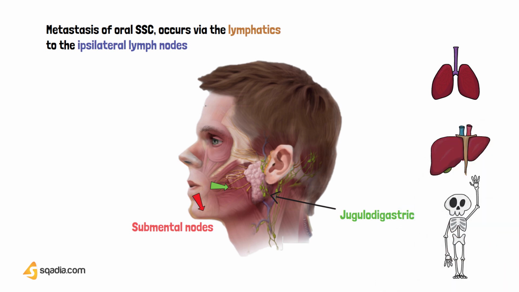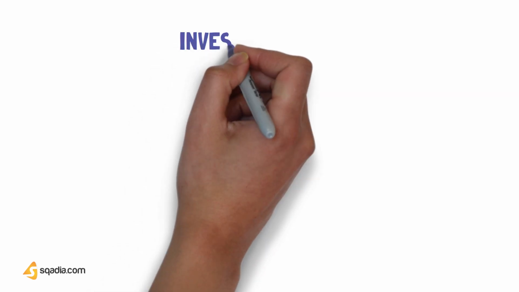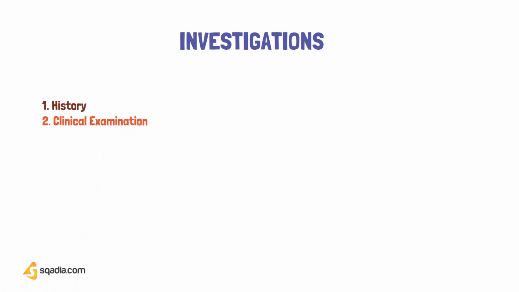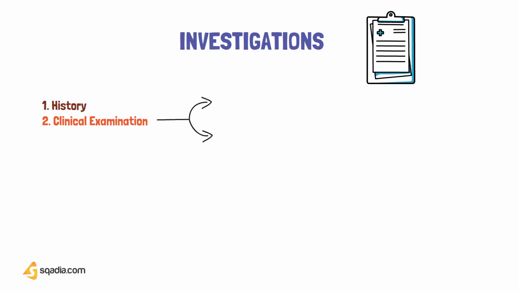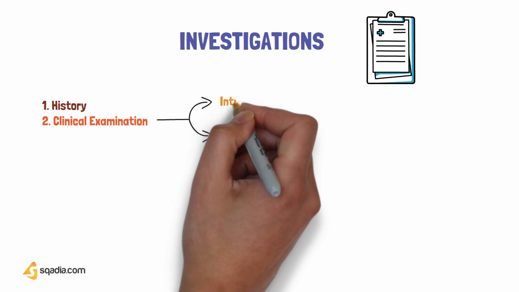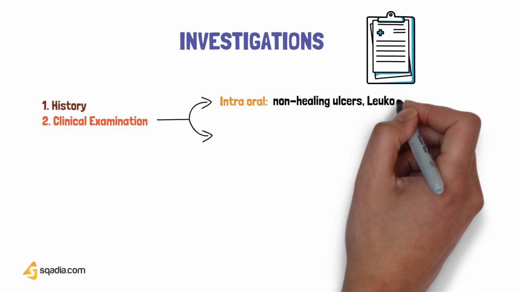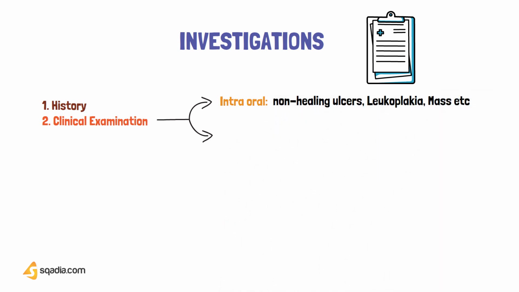Now, let's talk about some of the investigations which are done to diagnose the squamous cell carcinoma. First of all, we're going to take a detailed history of the patient and carry out a clinical examination. Now, the clinical examination needs to be intraoral and extraoral. In intraoral, we need to check non-healing ulcers, leukoplakia, or any masses which may be present.